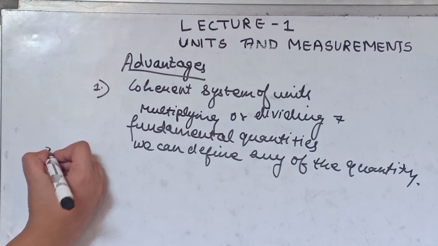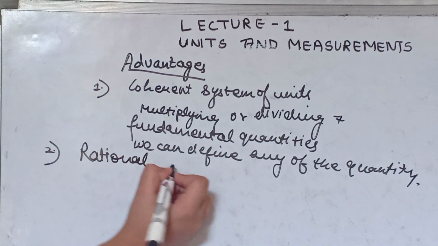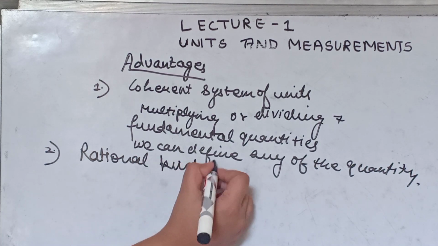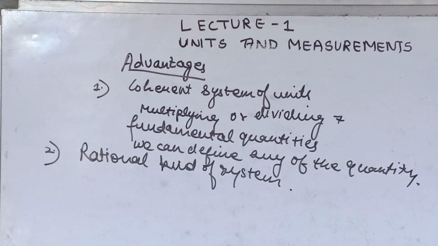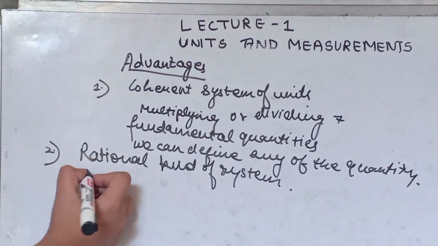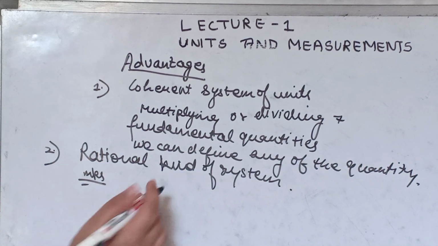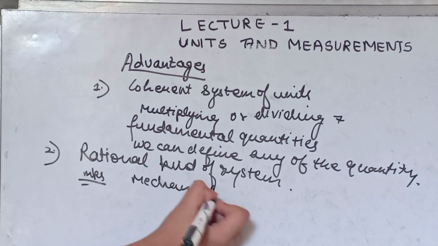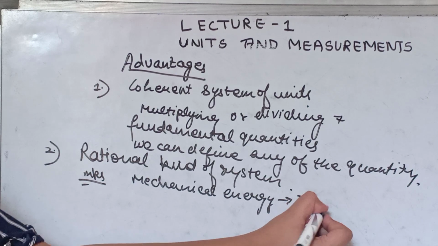Number 2 is, this is a rational kind of system. Now what does this mean? This simply means that, like in MKS, in this system mechanical energy is defined in, say, joules.